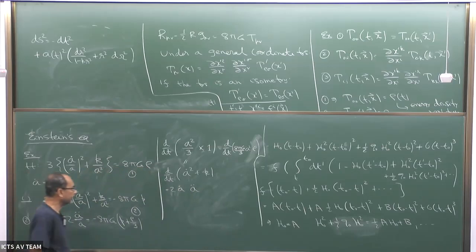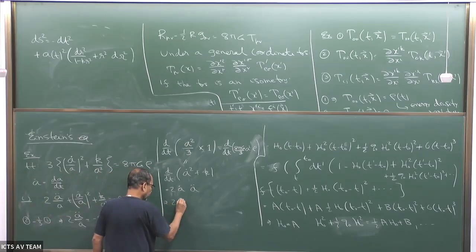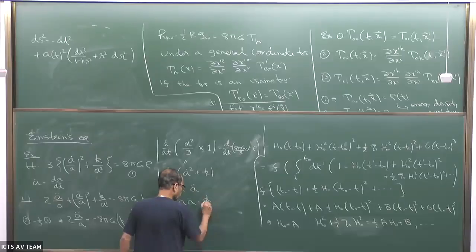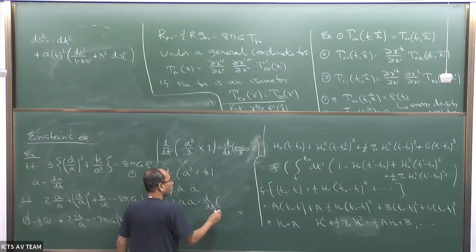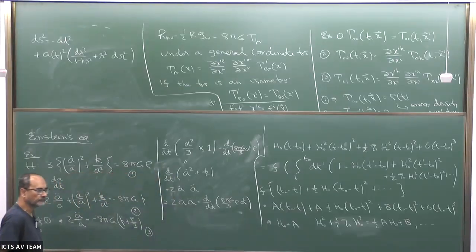Okay, let me call this 3, and so this gives us 2 a dot a double dot is equal to d/dt of 8 pi G over 3 rho a squared. Is this clear? I'm just manipulating this first equation.